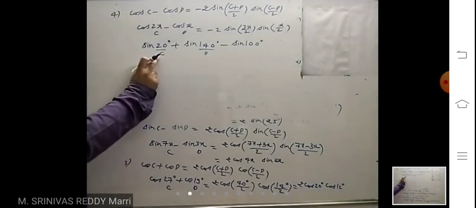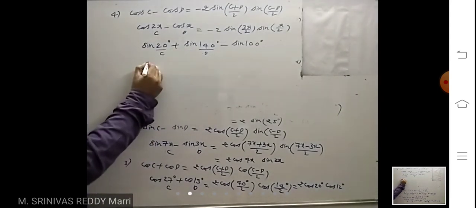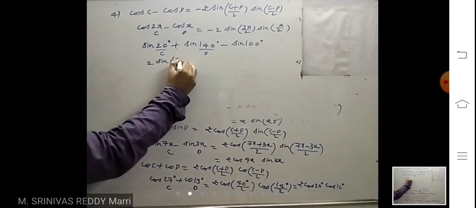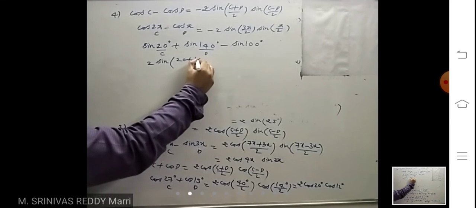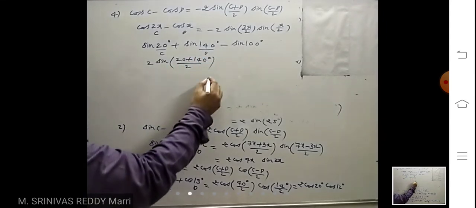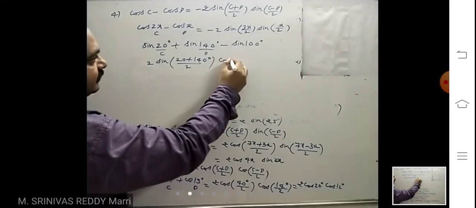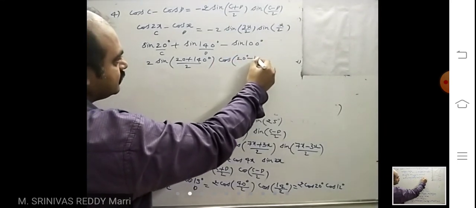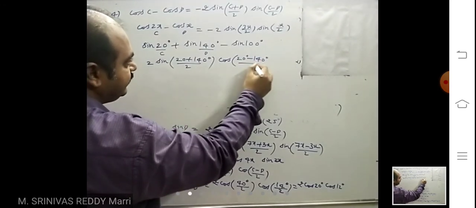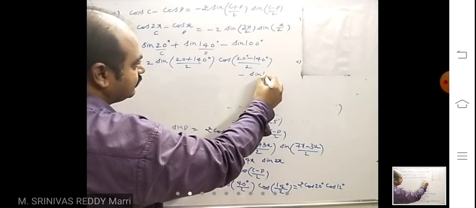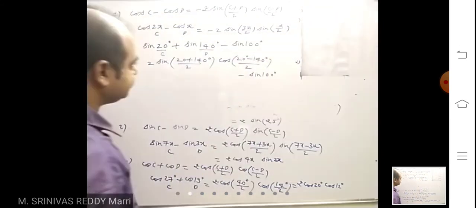So sine C plus sine D, first formula: 2 sine (C plus D) by 2 cos (C minus D) by 2. This minus sine 100 degree.